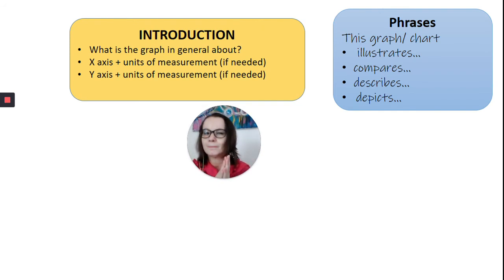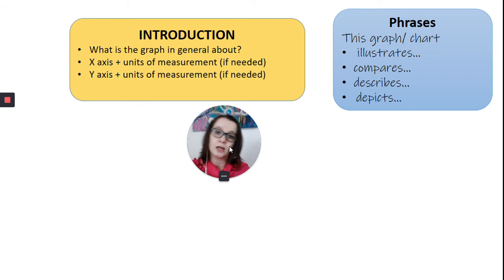And then you move on to talking about x-axis and units of measurement if applicable, and y-axis. So in general, an introduction would take 2 to 3 sentences, nothing more than that.